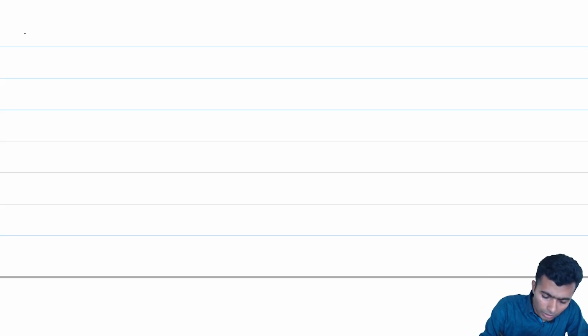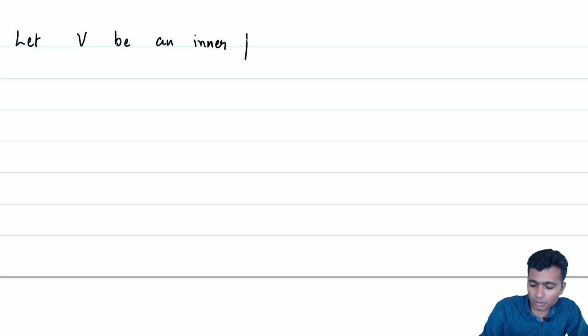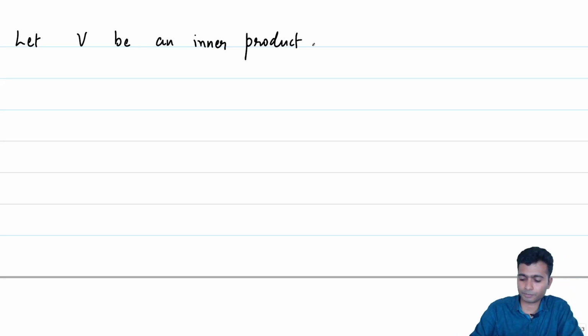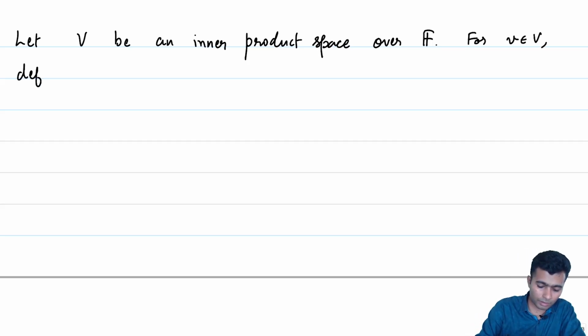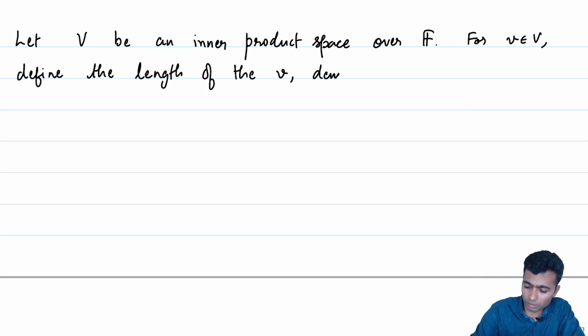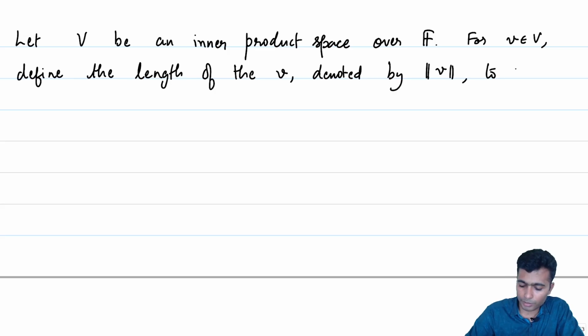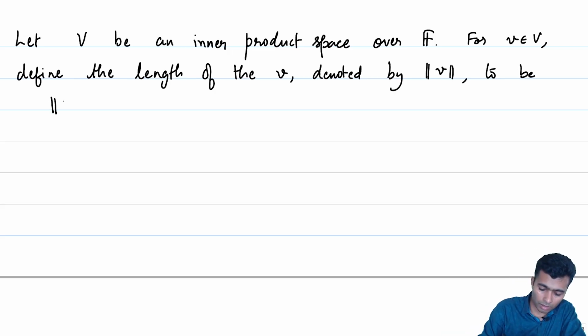Let V be an inner product space over F. For v in capital V, define the length of the vector v, denoted by norm of v, to be the square root of the inner product of v with itself.